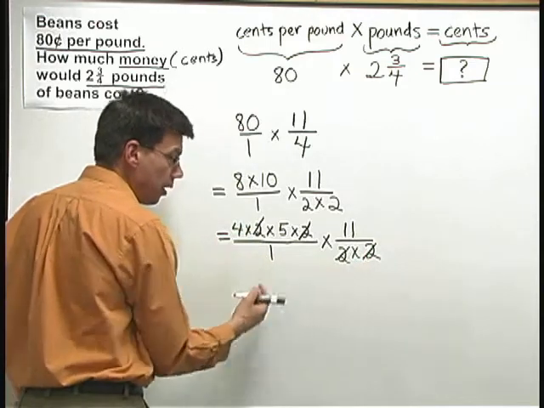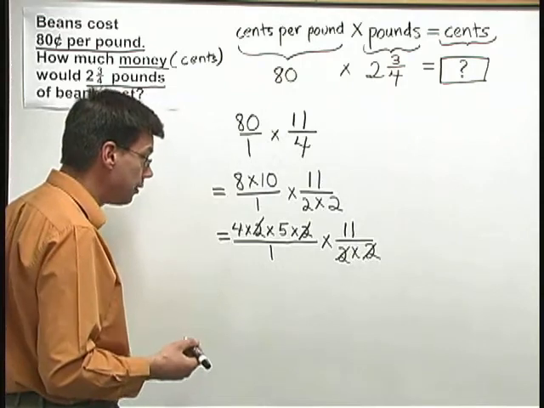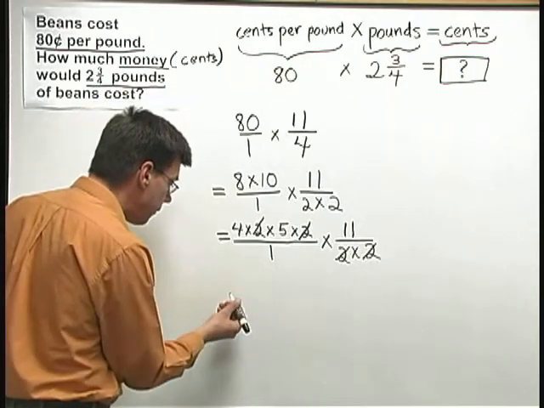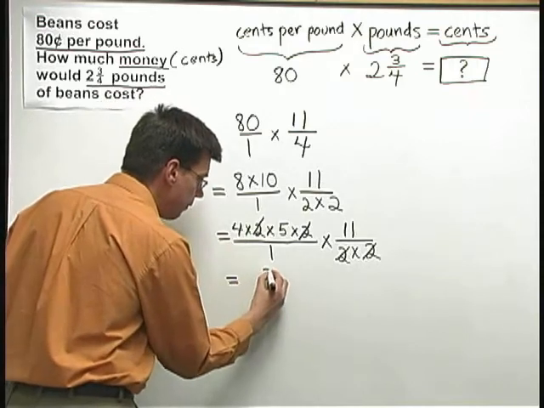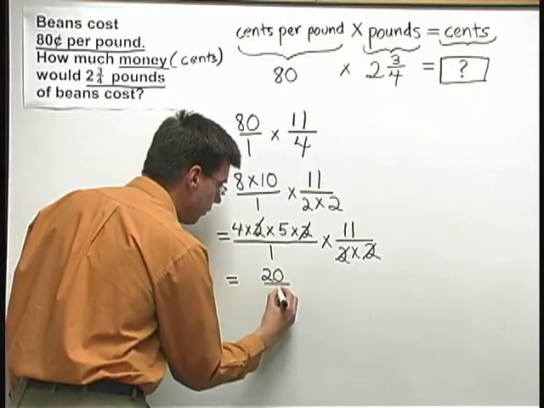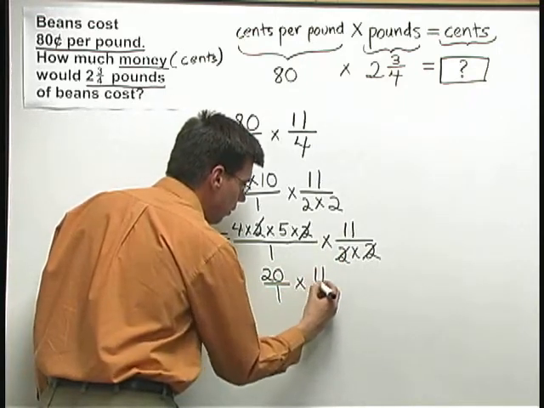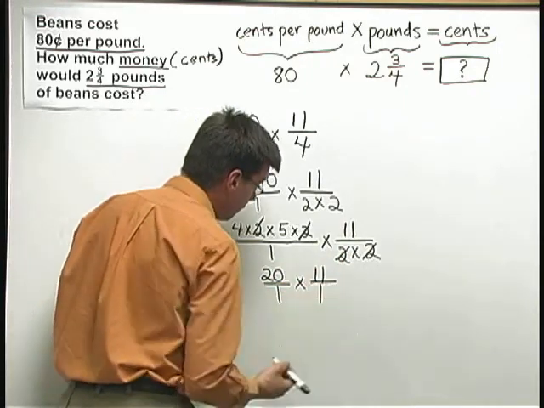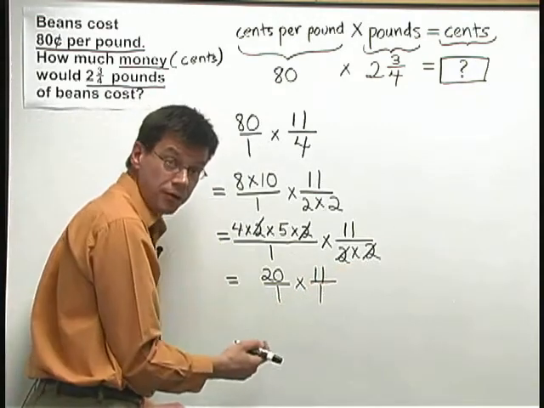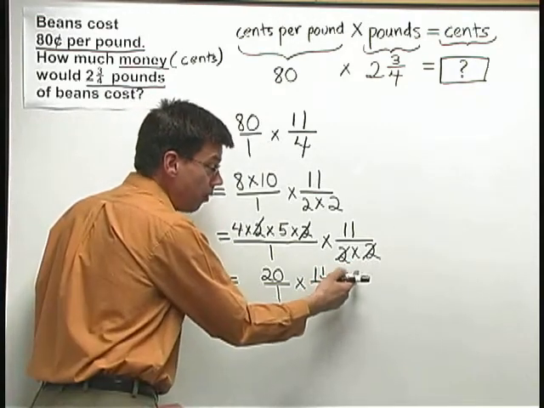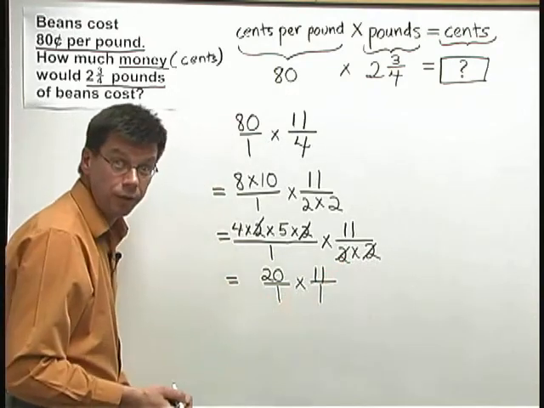I don't have any more numbers left to cancel below, so that's all the canceling that I can do. Let's see what we have left here. In my first fraction, I have 4 times 5. That's 20 over 1 times 11 over 1. In my second fraction, remember when all the numbers cancel either above or below, here it's below, there's always a 1 left behind to hold that place.